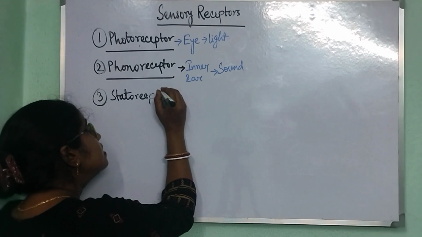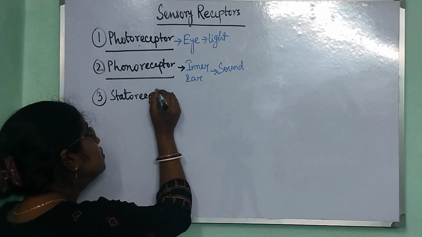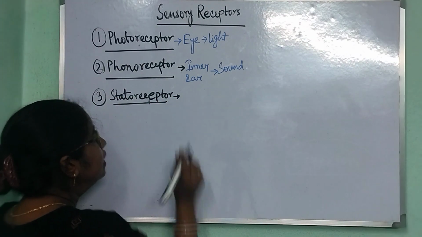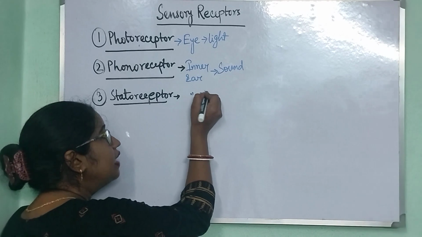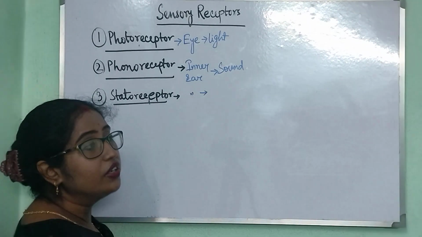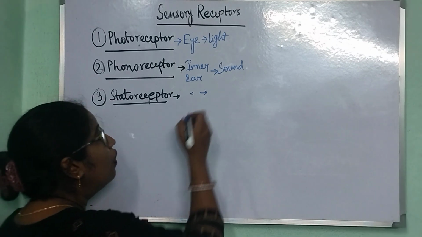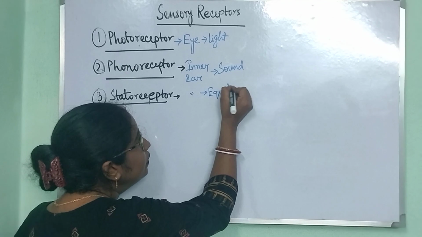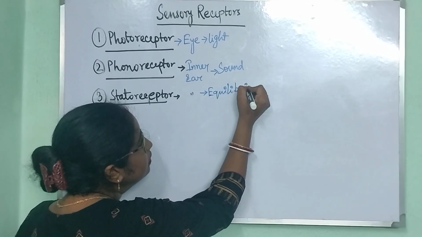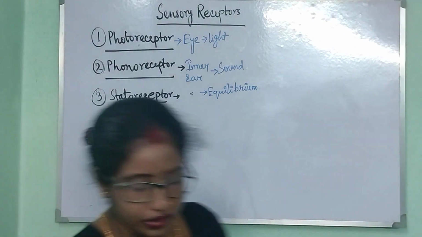The statoreceptors are situated in our inner ear, and they process information and help in maintaining the equilibrium position of our body.